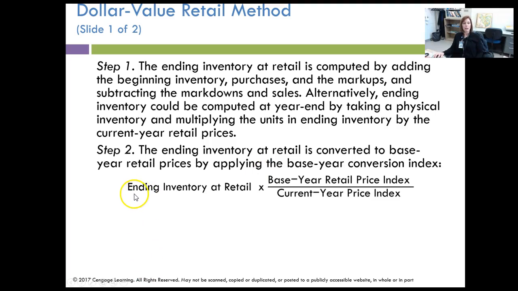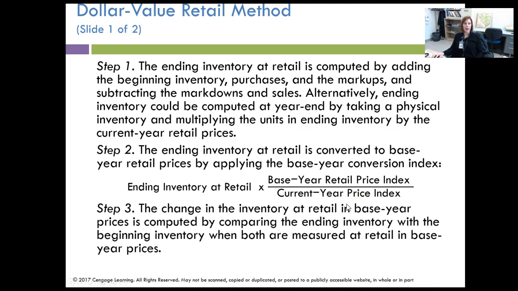It means we're going to multiply our ending inventory at retail times a ratio of the base year retail price index divided by the current year retail price index. And then the change in inventory at retail and base year prices gets computed by comparing the inventory with the beginning inventory, when both are measured at retail and base year prices.